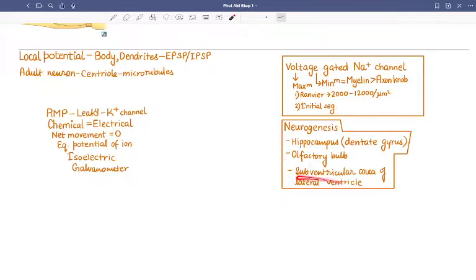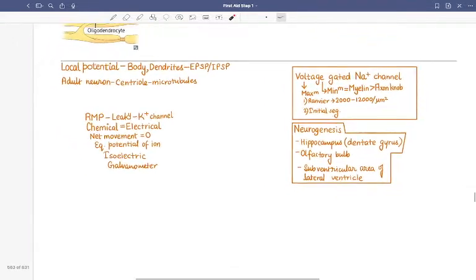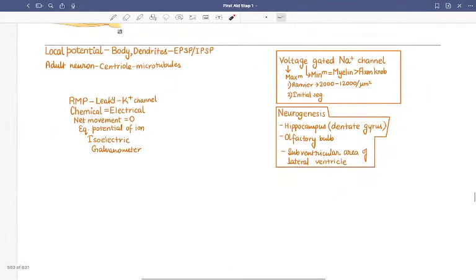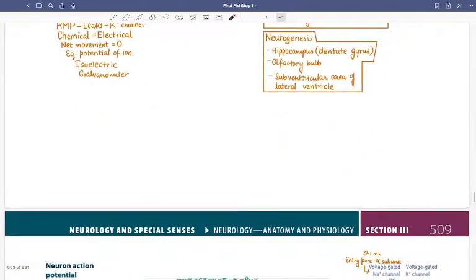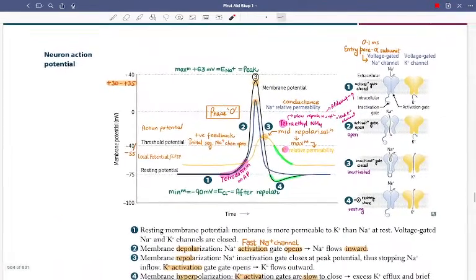The hippocampus is for long-term memory. So hippocampus, olfactory nerve, and subventricular area of the lateral ventricle, and those numbers, 2000, 1000, all that we remember. Now we come to action potential.